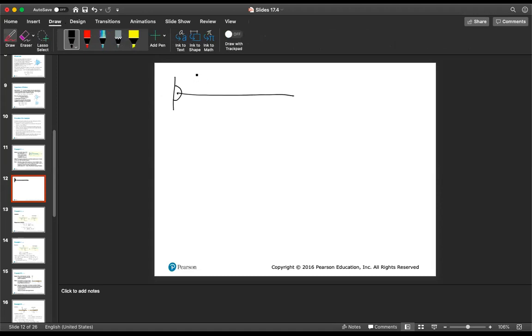And we are told the following things. We're told the length is 3 meters. And we are told there's a moment. The problem said it was 60 Newton meters. I'm going to say it's negative 60 Newton meters because it's clockwise.